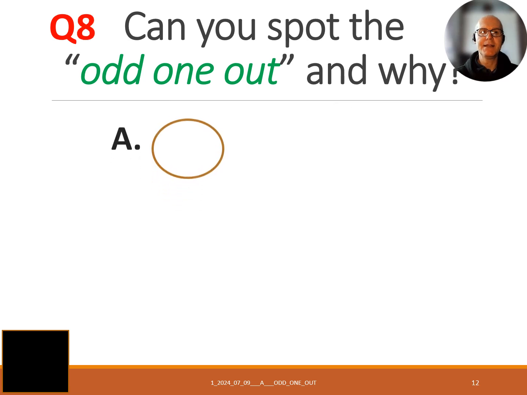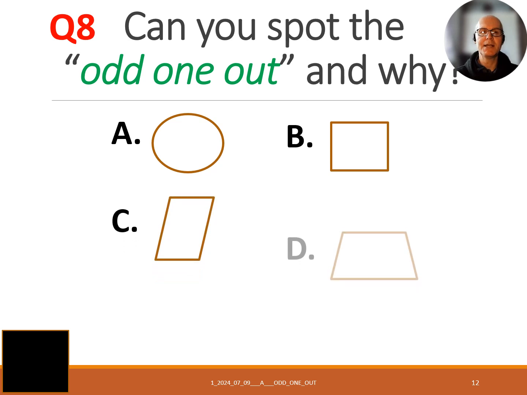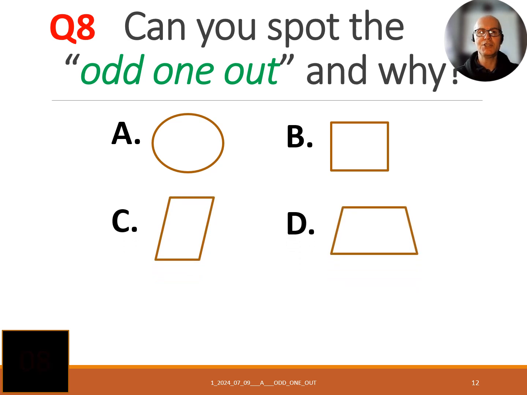Question 8. A. This shape, B. This shape, C. This shape, and D. This shape. Can you spot the odd one out from these 4 shapes and why?